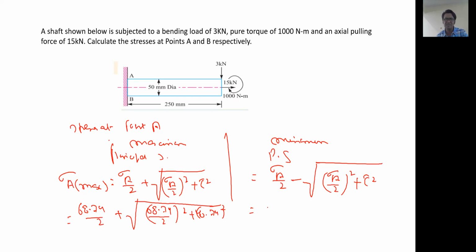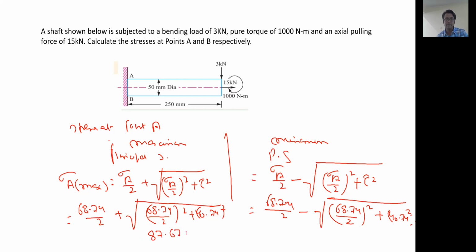Likewise, we can write 68.74 by 2 minus square root of 68.74 by 2 the whole square plus 40.74 the whole square. And eventually we find it is 87.67 MPa, and here it is minus 18.93 MPa.